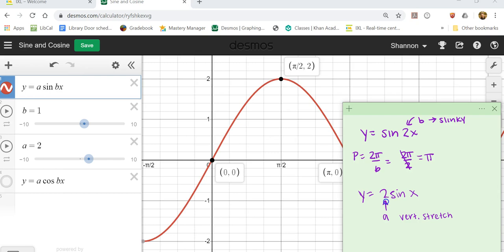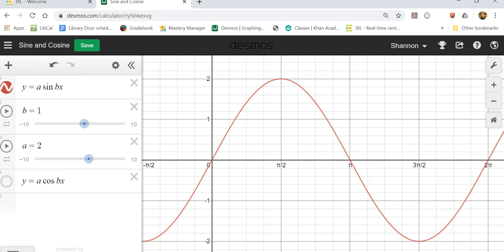Okay, so now think about when we had our other functions in our previous units, like back in November and December when we were looking at all those different parent functions. What happens when I decide to make the a value negative? Well, if I take the a value negative, that's a reflection, and the same thing is going to happen.